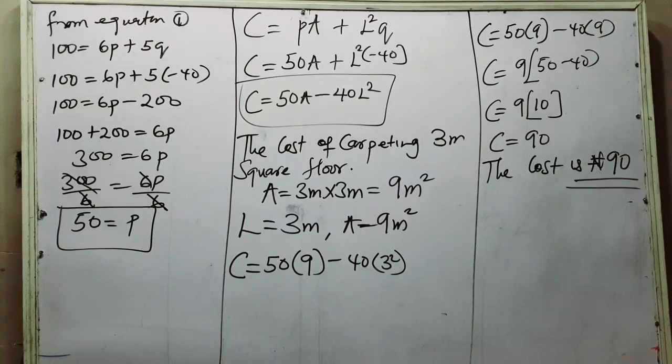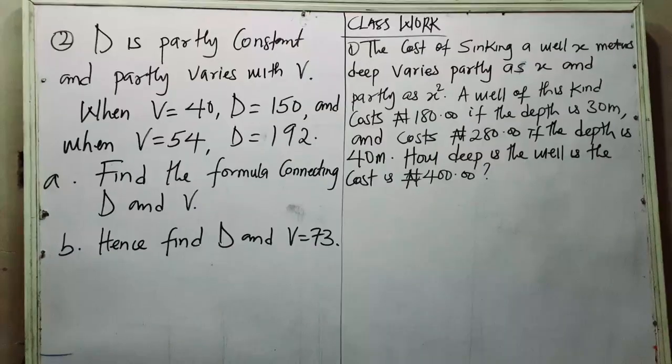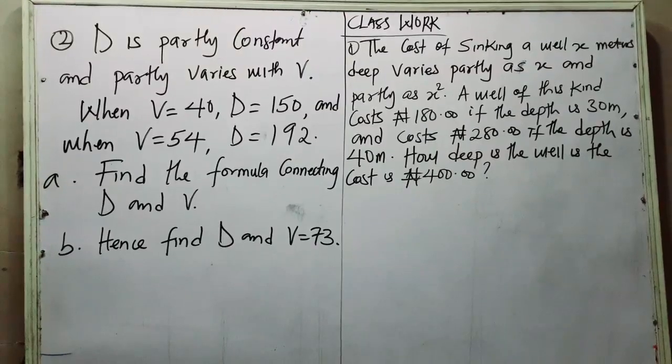So now let's have a very reasonable assignment, a class work. Number 1: The cost of sinking a well X meters deep varies partly as X and partly as X squared.